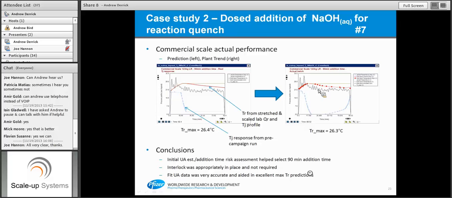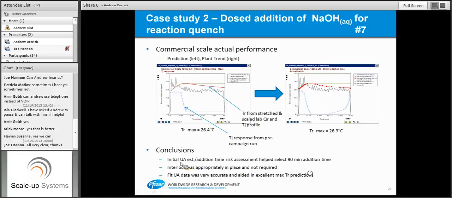We superimposed the stretched and scaled QR, and there's the fit between the measured and predicted temperature profile. The actual TR max in this case was 26.3, so we're quite pleased with that. Bearing in mind the prediction was made from, I can't remember, 50-gram scale, and the actual commercial scale was 123 kilograms of the limiting reagent.